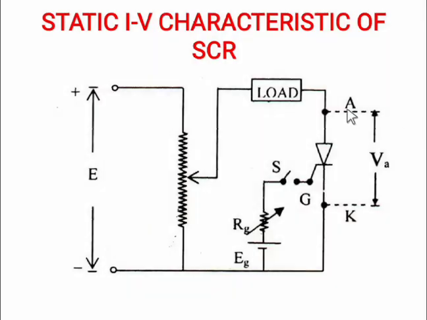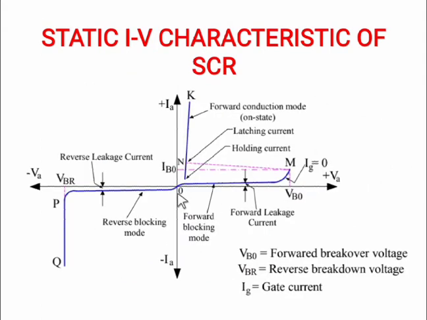Now if we connect the anode of the SCR to the negative of the supply and the cathode to the positive of the supply, this type of connection is known as the reverse bias connection of the SCR. If we increase the reverse voltage from 0 to a negative value, this is the reverse leakage current, and this region is known as the reverse blocking mode, in which the SCR is in the turn off condition.